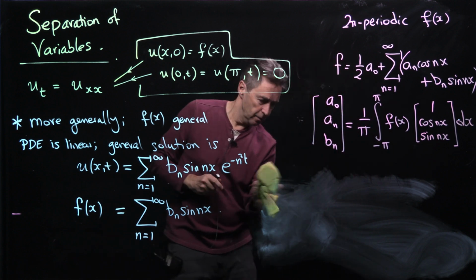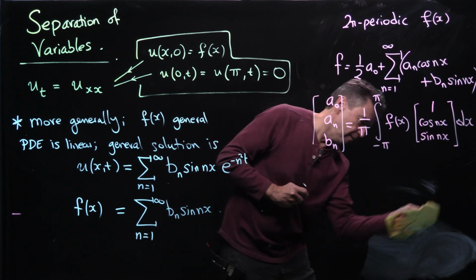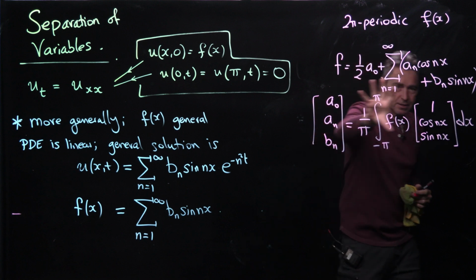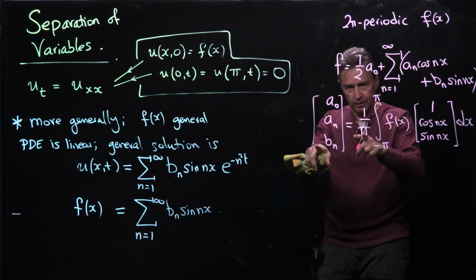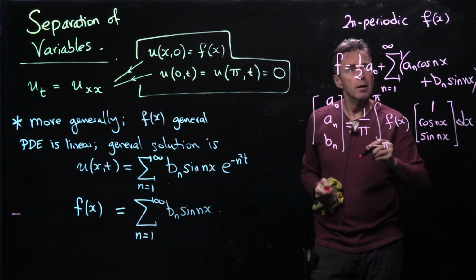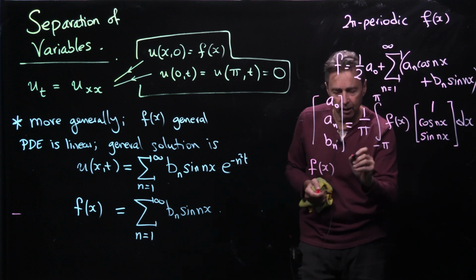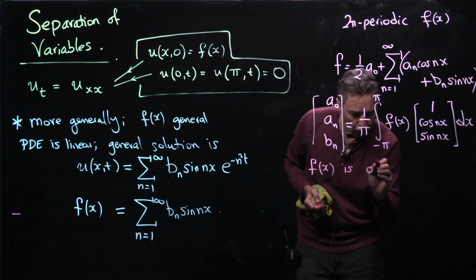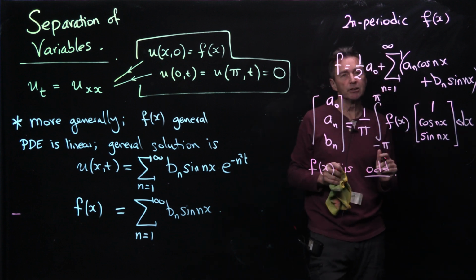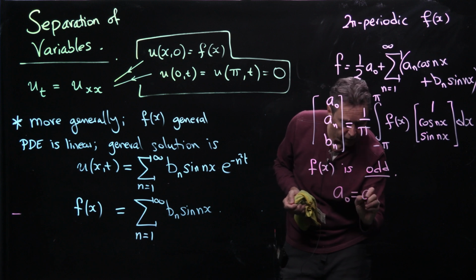Okay. So at this point, we sort of see what we need, because what we need is a certain part of this series. I want, in fact, the series without the a0 and the an. But if the f here is odd, one of the implications that we talked about and established was that all of the a's were 0.